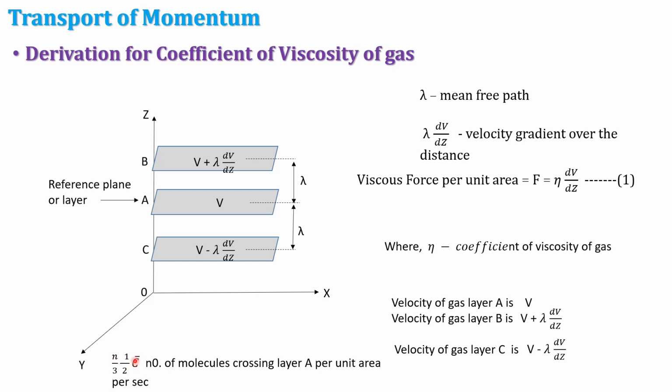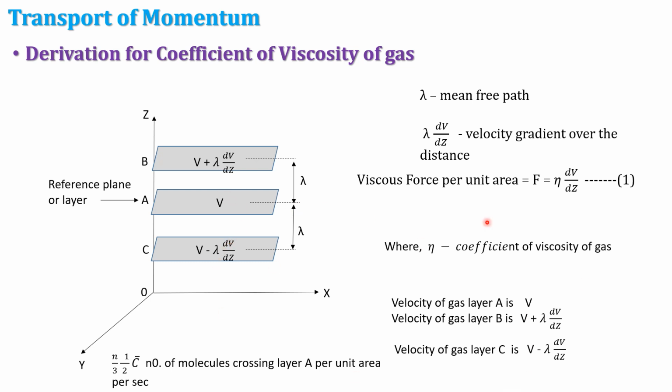Hence, n by 3, multiplied by half, multiplied by c bar, this n c bar divided by 6 gives the number of molecules crossing the unit area of the layer A in unit time in the upward or downward direction.